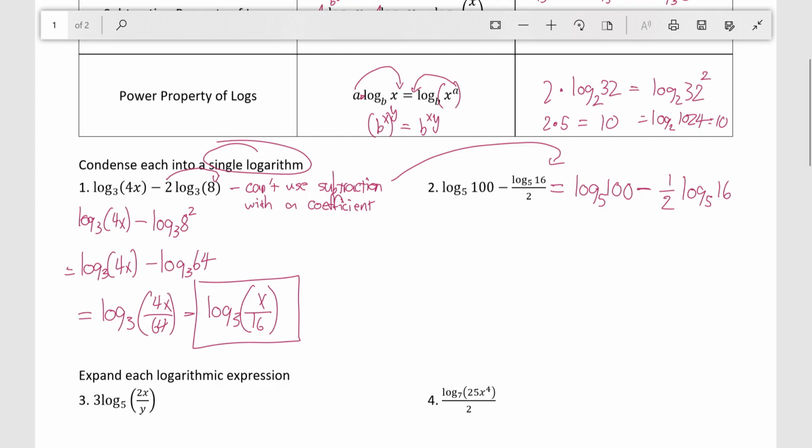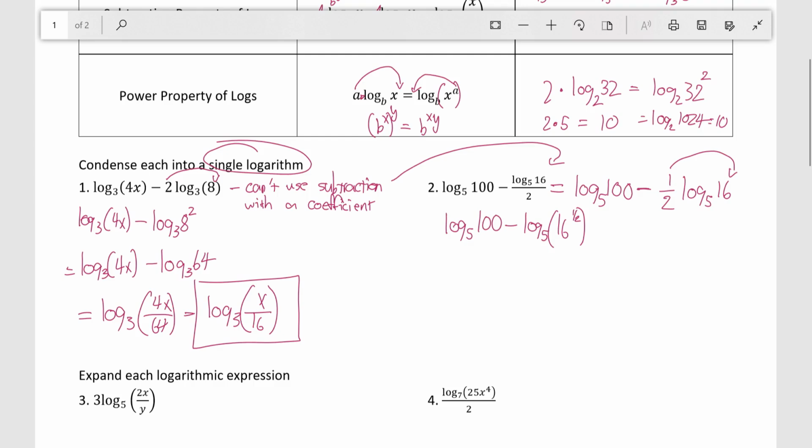Because that's the same thing. Now, just like I did on the last one, I'm going to make this the exponent. So I have log base 5 of 100 minus log base 5 of 16 to the 1/2.